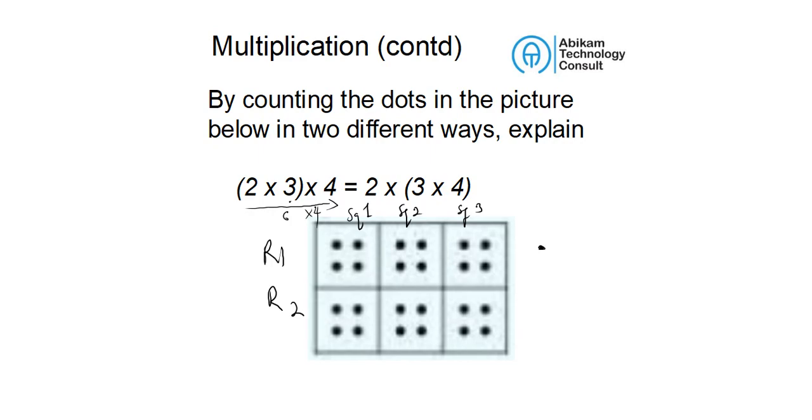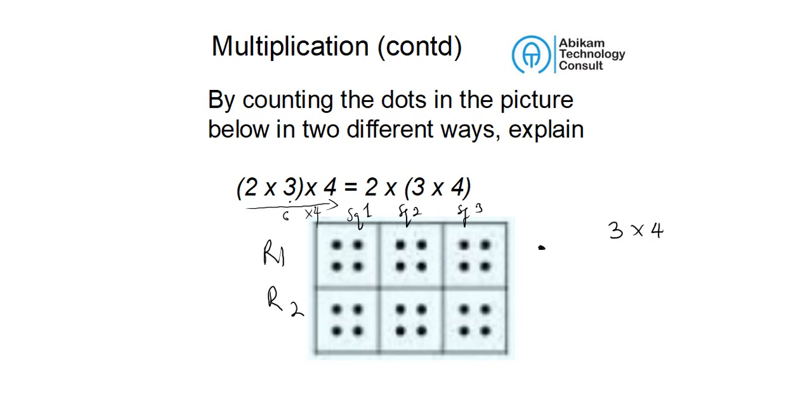In a row, we have 3 squares, and that is why we have 3, multiplied by, in every square, what do we have? We have 4 dots.